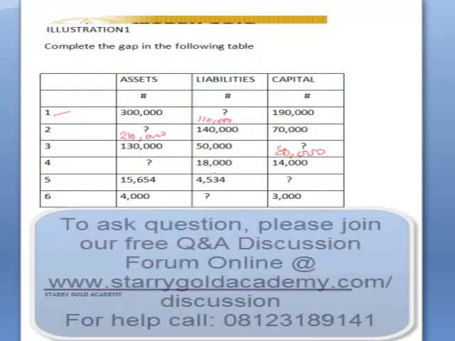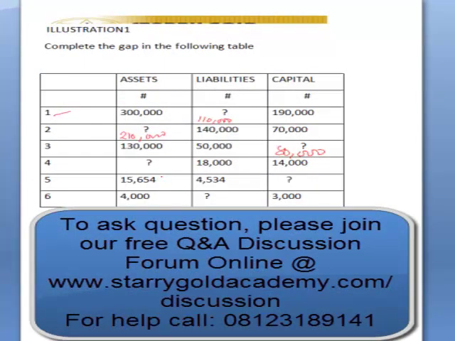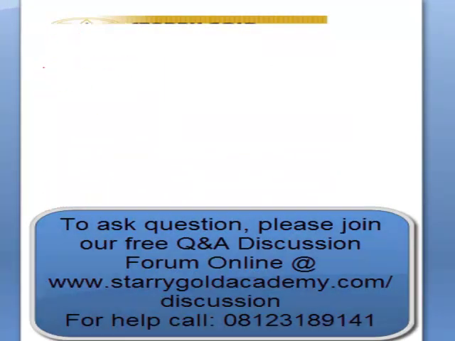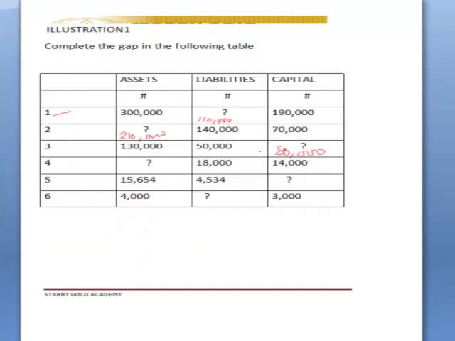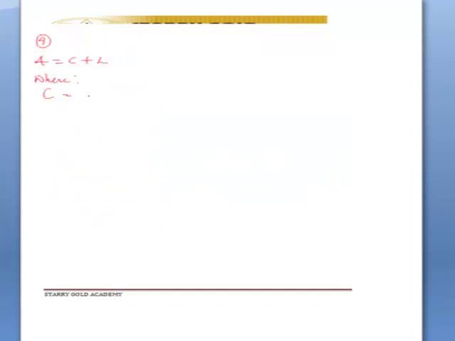Okay, question 4, we will be looking at assets again. Solution 4. Asset equals capital plus liability, and since we're looking for A, our C is 14,000 and our L is 18,000.